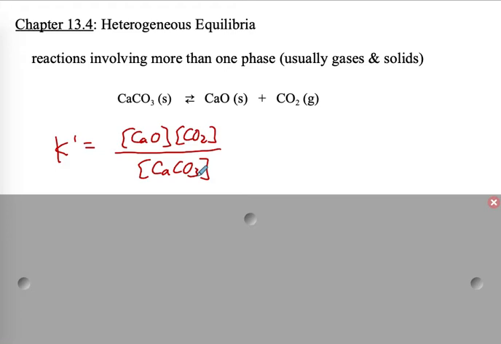I guess you could calculate a concentration in moles per liter of solid using densities and molar masses, but those concentrations don't change. So let's replace the concentrations of the solids with just some generic constants. Let's call this C1, and let's call this C2.